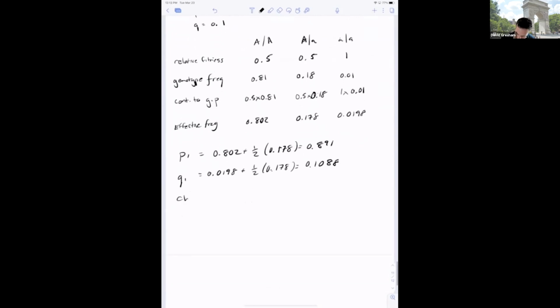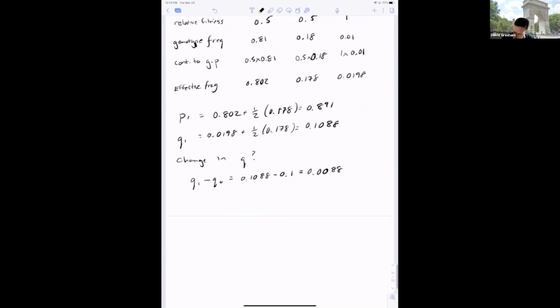And so the change in Q in this example is Q1 minus Q0, which equals 0.1088 minus 0.1, which is 0.0088. And so we have a much smaller increase. And what we will see is that it looks like this will be much slower to go to fixation. And we can study those dynamics in this scenario.